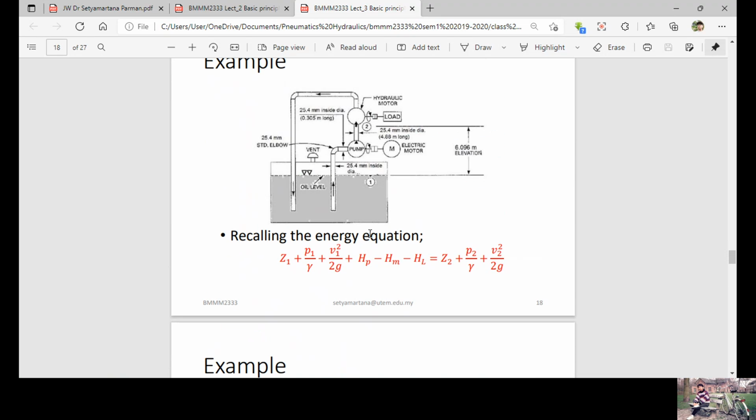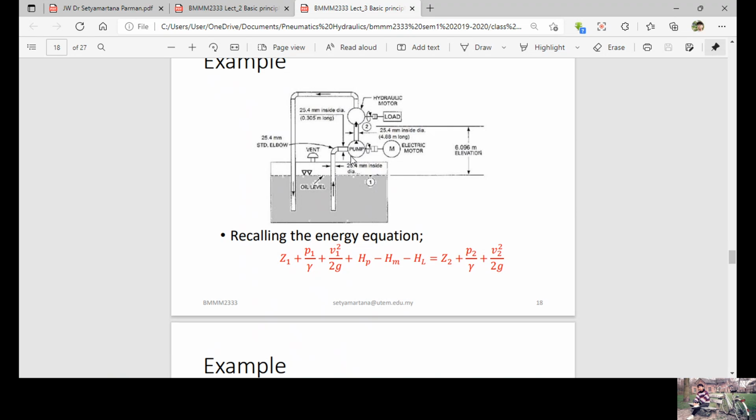Okay, then see again the fluid flow from position 1, following this pipe, this elbow, this pump, and then until position 2. We can see along this flow, there is no motor, no hydraulic motor.